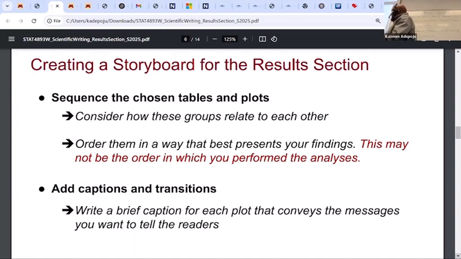Some plots are doing the job of description, and some may be doing the job of inferential statistics and so on. Then add captions and transitions.